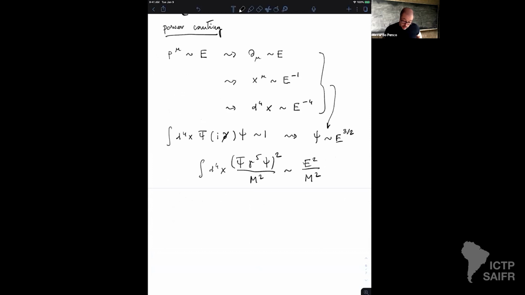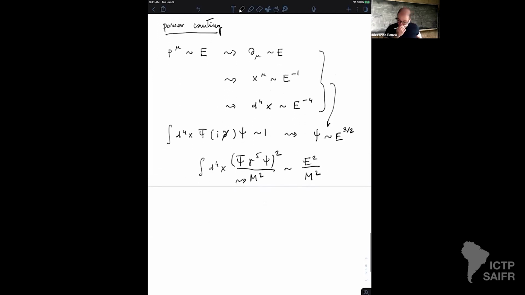Higher powers, like a sextic self-interaction and so on, will scale like higher powers of E over m. Now, of course, having an m in the denominator here already kind of gave away the scaling, but in more complicated effective theories, it's not always going to be obvious how various terms in the action scale.